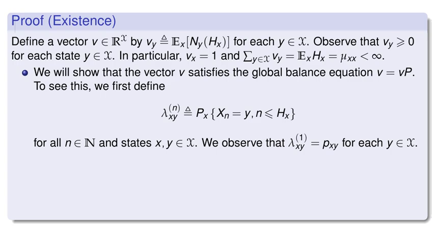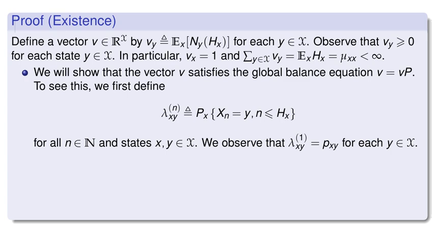Our goal now is to demonstrate that this vector v satisfies the global balance equation v equals vP. To achieve this, let's first define lambda sub xy superscript n as the probability, starting from x, that X n equals y and n is less than or equal to h sub x.